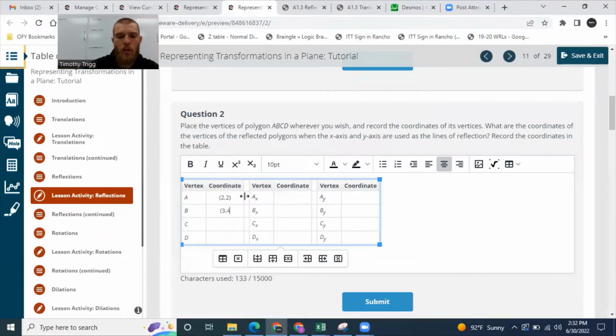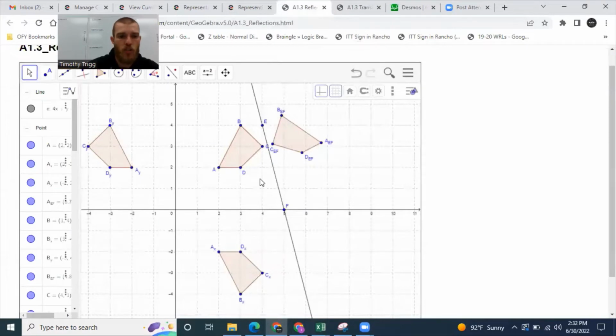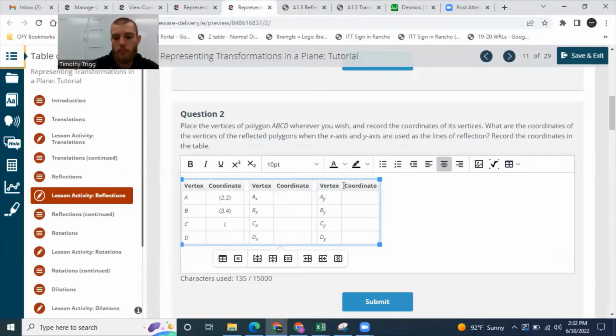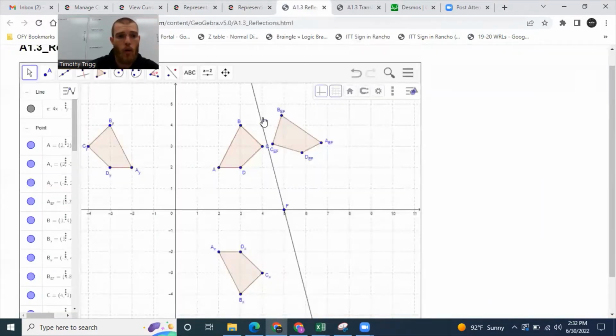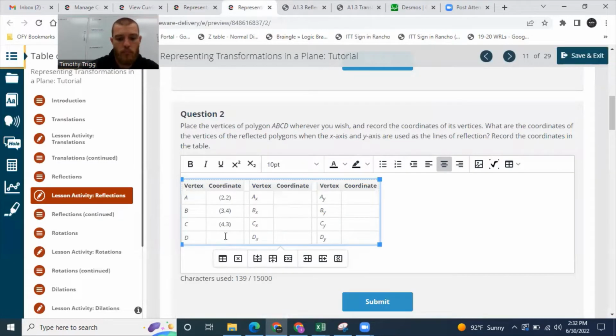Notice with coordinate points, I always put them in parentheses. That's generally how it's written. Point C is right here, so that's at 4, 3. Now, if you put your pre-image at a different location, you may get different numbers here. And then D is at 3, 2.